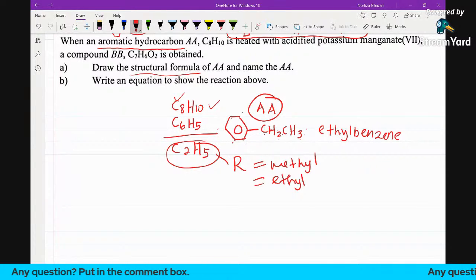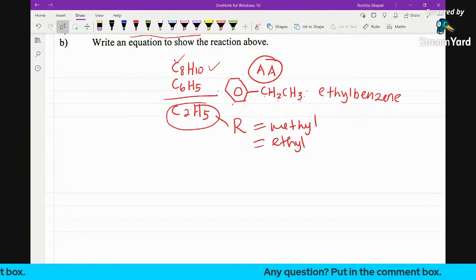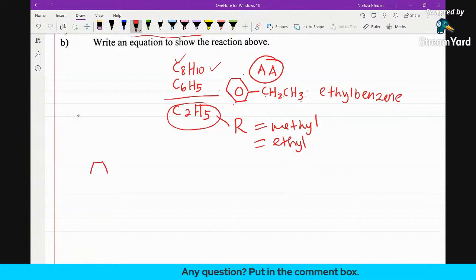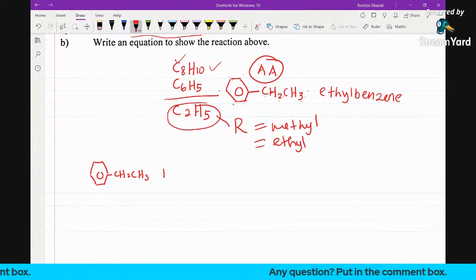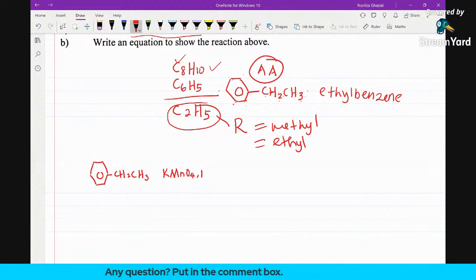Okay, write an equation to show the reaction above. So you take ethyl benzene, CH2CH3, KMnO4, H plus and heat.